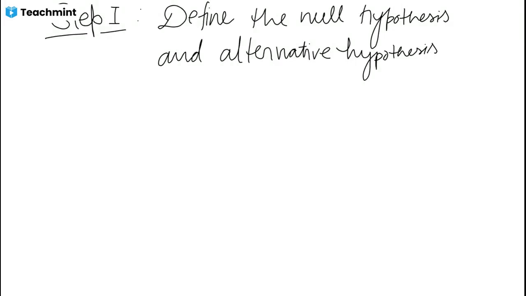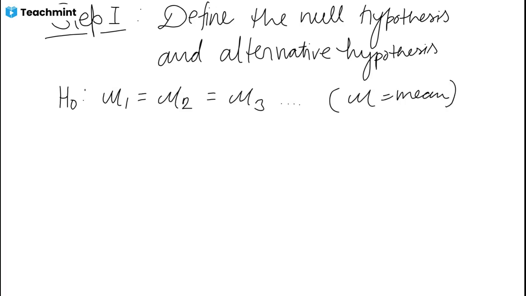Like H0, we are taking the mean of all groups equal. In the null hypothesis, we are taking all means of all groups equal. And we have the alternate hypothesis, they won't be equal.